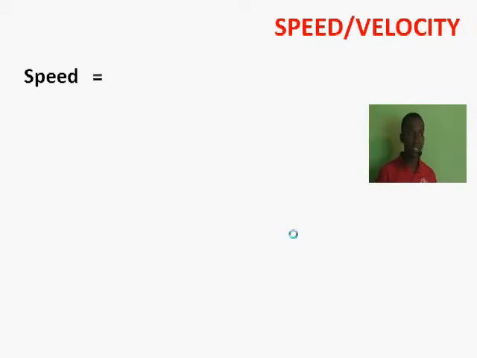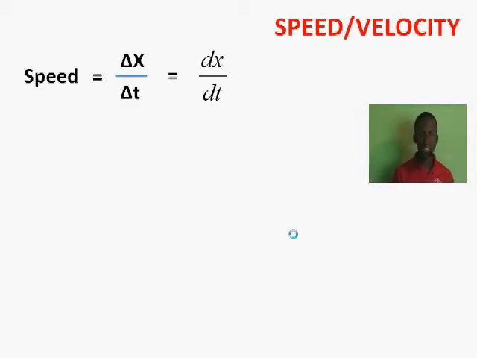So we now see that speed ordinarily is given as delta s upon delta t, which we have as dx dt. This is differential calculus. What it means is that when we differentiate displacement with respect to time, we obtain speed.